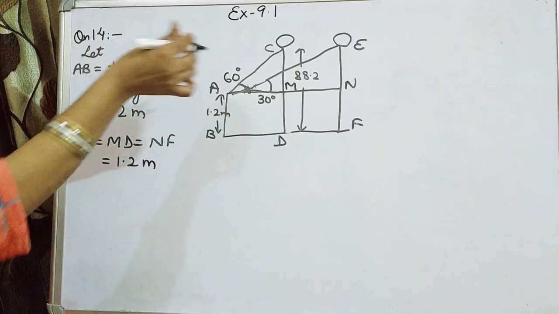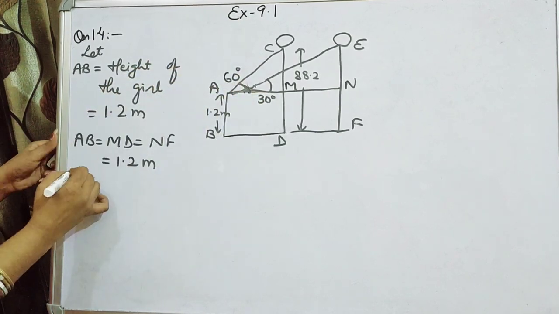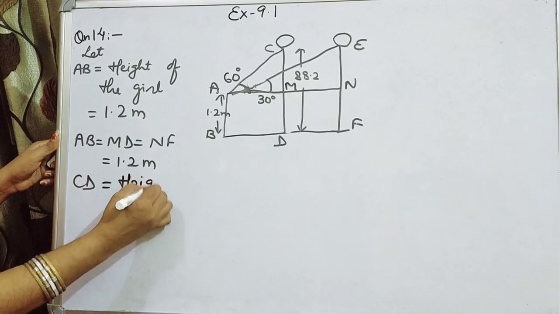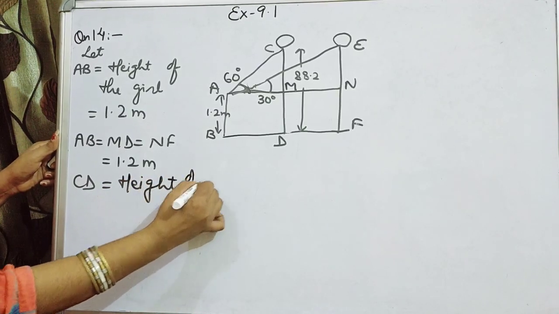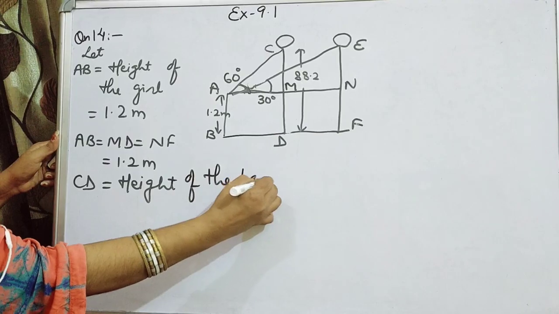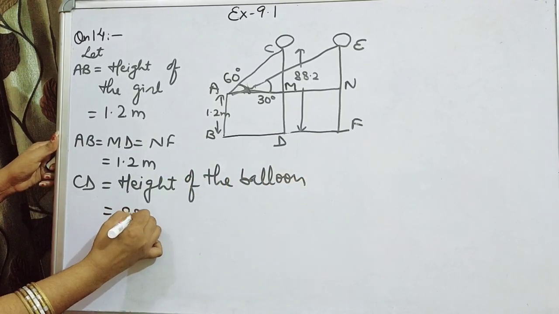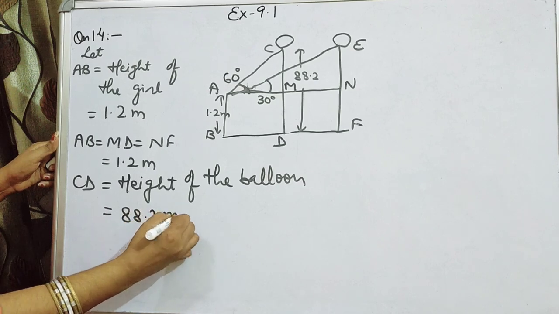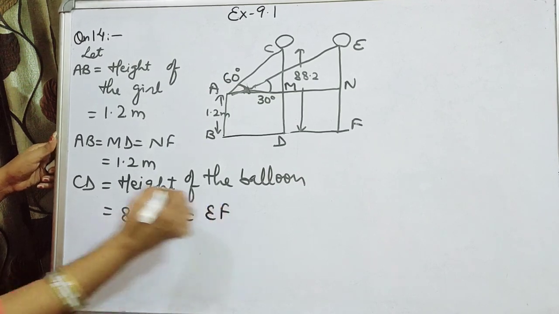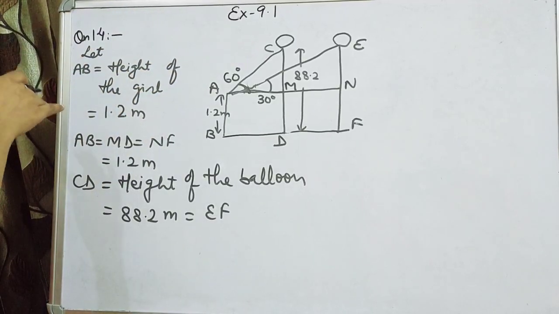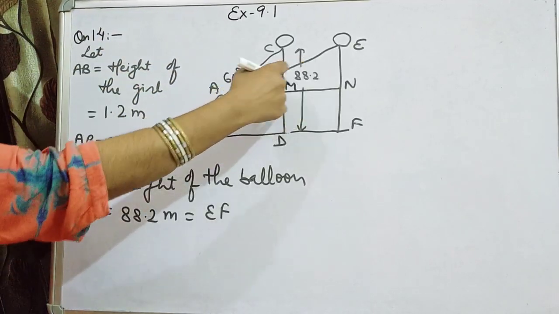Again we have supposed that CD is the height of the balloon, so we write that CD is the height of the balloon, and it is equal to 88.2 meter as given in the question, which is again equal to EF because the balloon is moving horizontally.